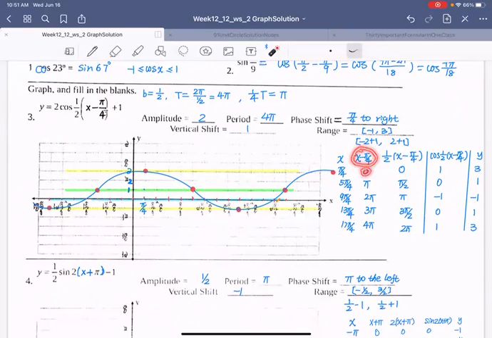And I already calculated here, 1/4 of the cycle is pi. So first make this guy go to 0. Next, make it go to pi. Next, go to 2 pi. Increase by a quarter period, one at a time.